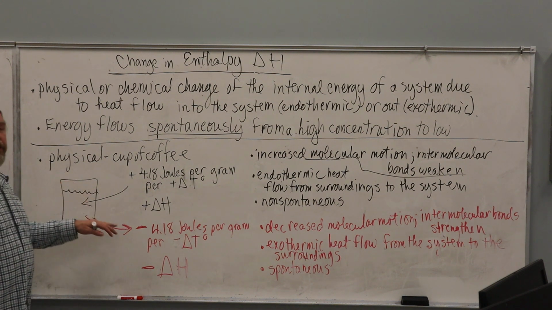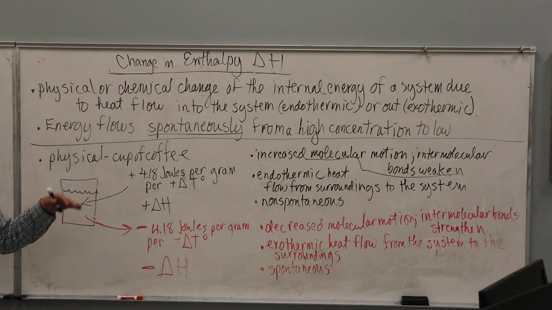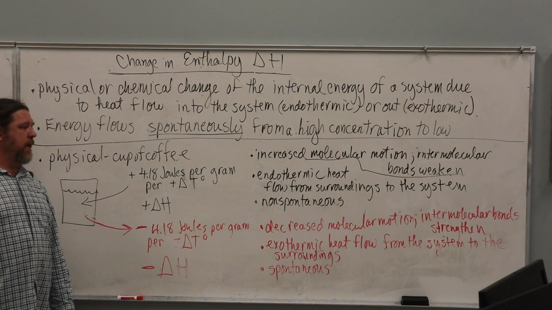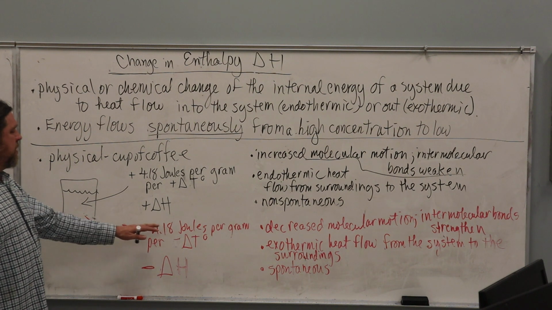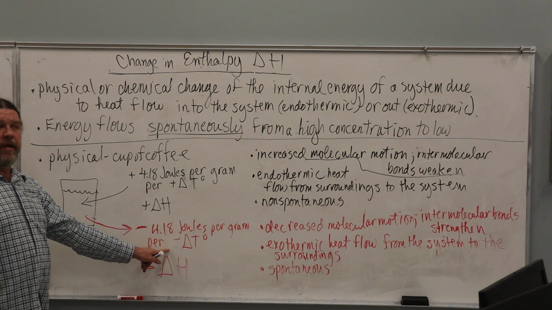However, when the cup starts cooling down on its journey to equalizing with the temperature of the room, this is a negative change in enthalpy. We are having energy leave the system at the same rate that it enters.